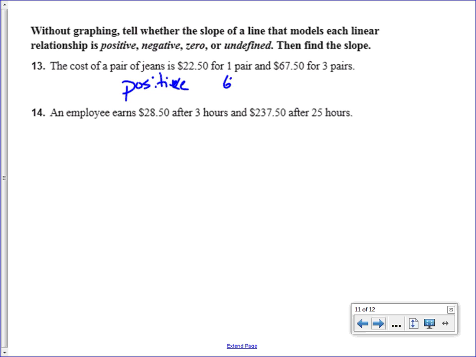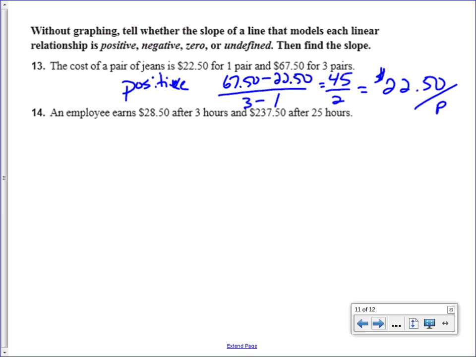Well, 67.50 minus 22.50. We know the price went up $45. And 3 minus 1, we know our jeans went up 2. So that's $22.50 per pair. And we could have told that right from this first part as well.